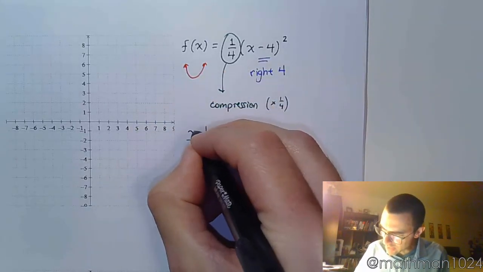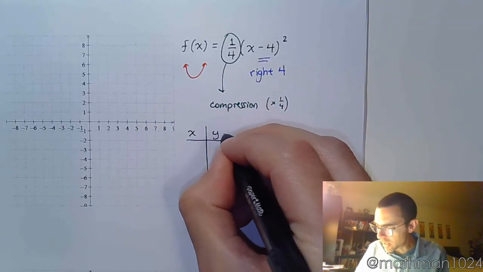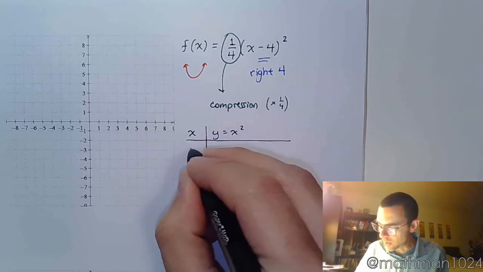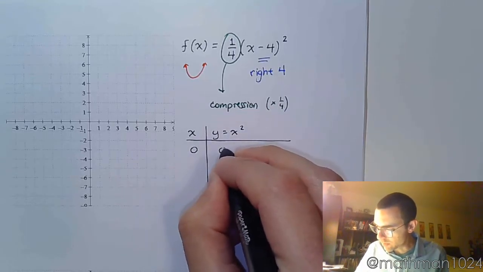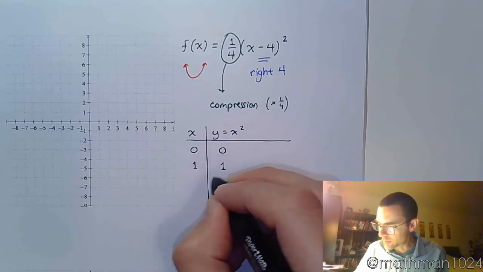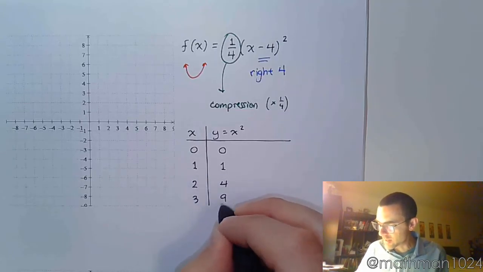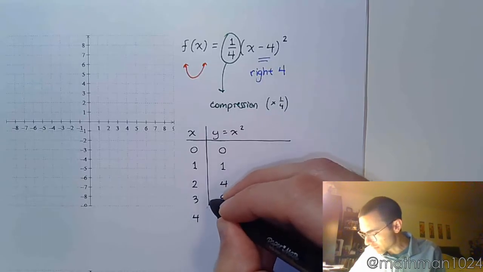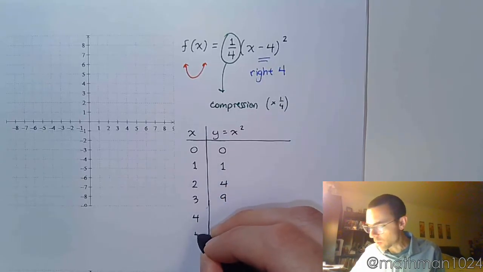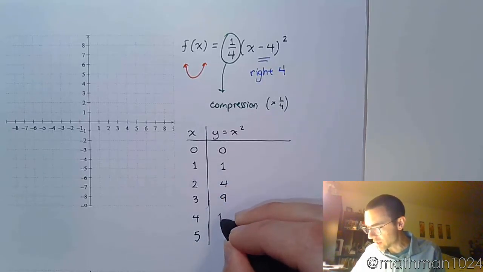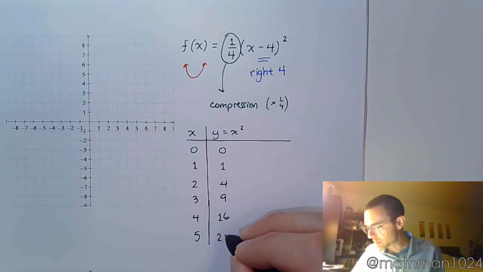So if I plug in x, and I'm looking at y is equal to x squared, right? So 0 gives me 0, 1 squared is 1, 2 squared is 4, 3 squared is 9, and so on, right? I'm going to add a few more levels to this, just because of what's going to happen.